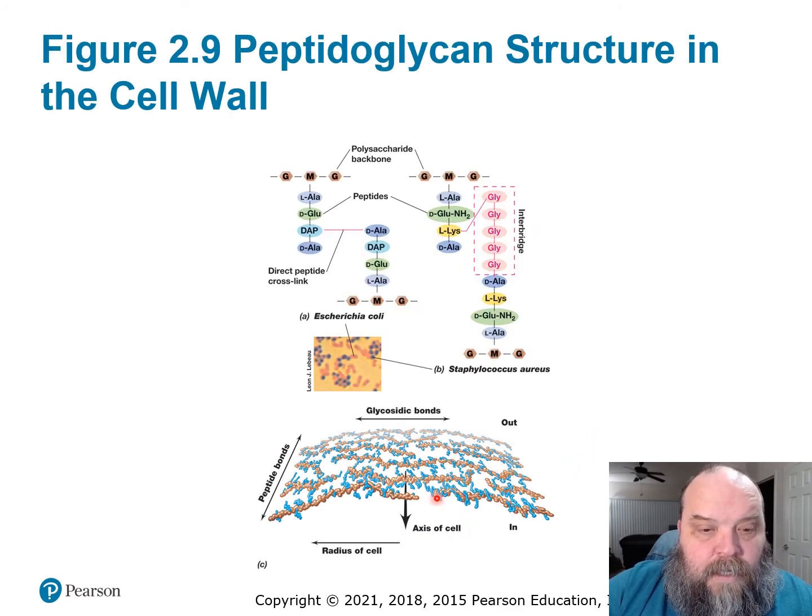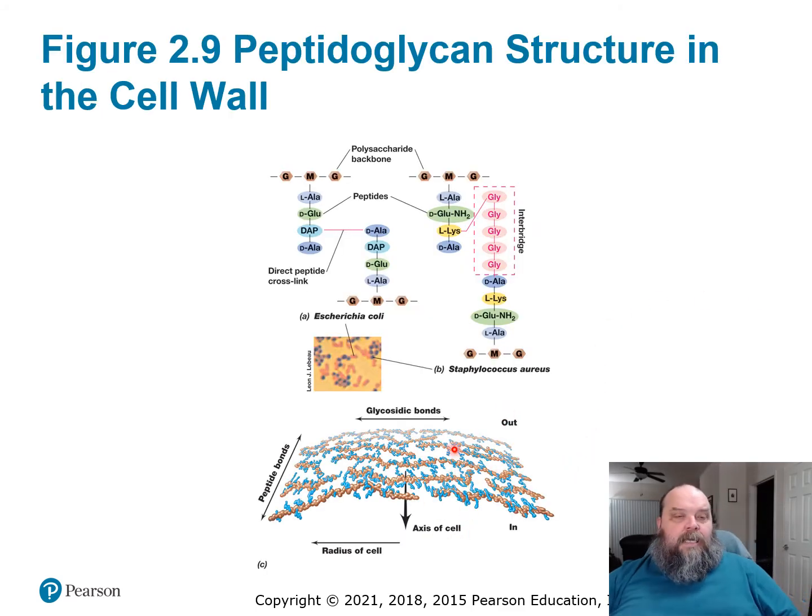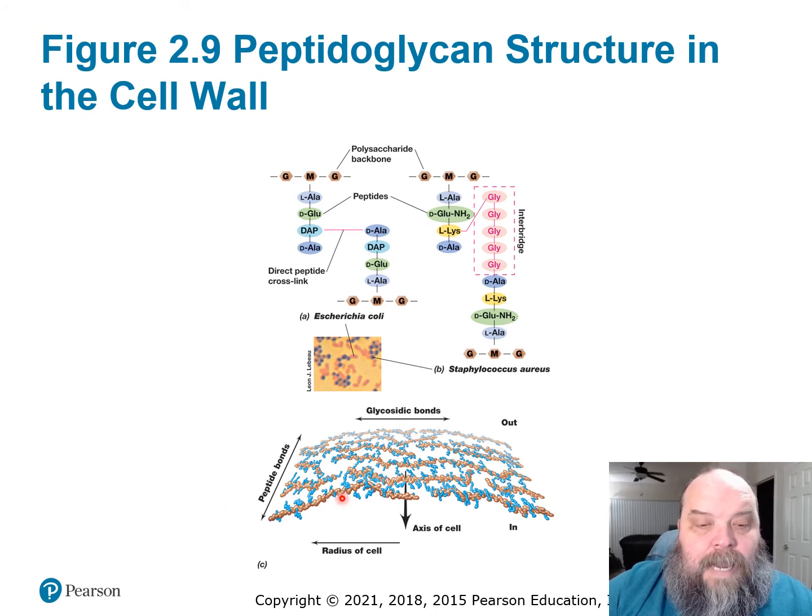And what's interesting is you're going to get layers of these NAG-NAM strands. You look here, this reddish brown that you see right there and there and there, those are long polymers of NAG-NAM. And then the blue is the tetrapeptide linking them together.